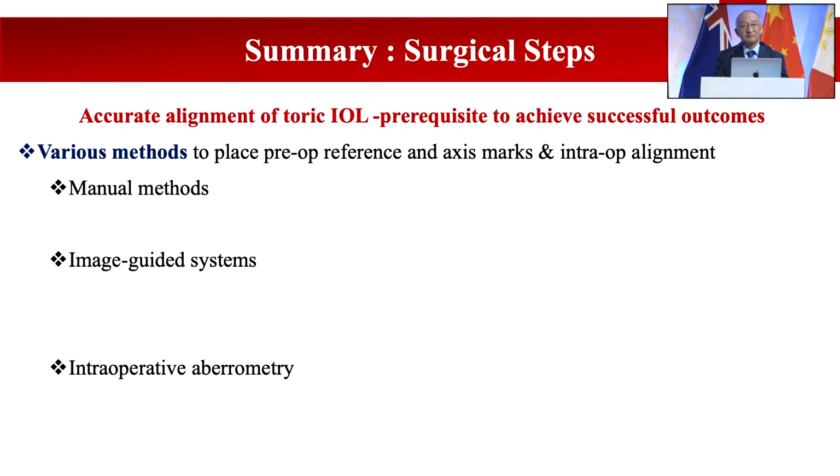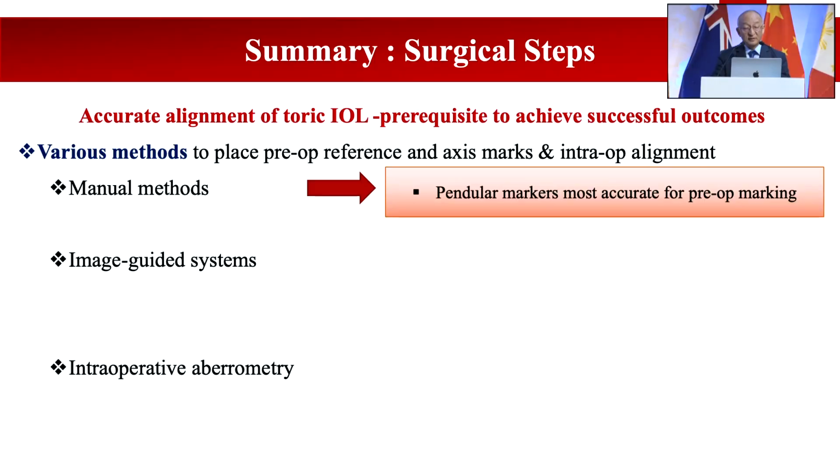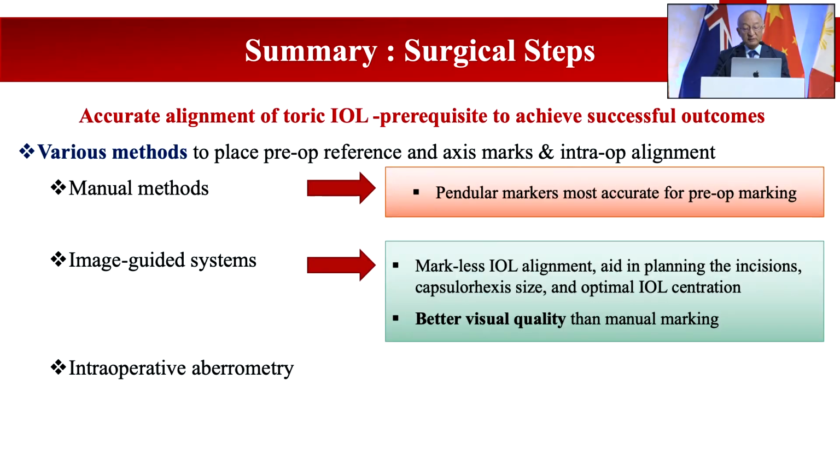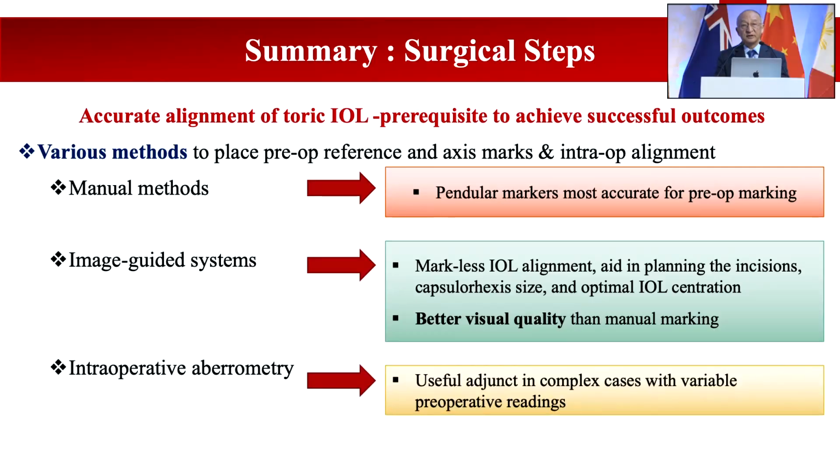To summarize the surgical aspects, I think you can look into manual methods, where the pendulum may be the best way to mark your reference axis. In these cases, image-guided systems are better in terms of getting better visual quality. And intraoperative aberrometry, if you have it, is going to add to your accuracy, not only in putting the lens in the proper axis, but also in calculating the IOL power on the table.